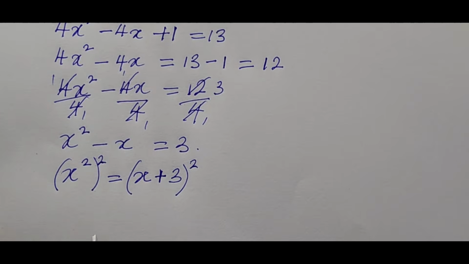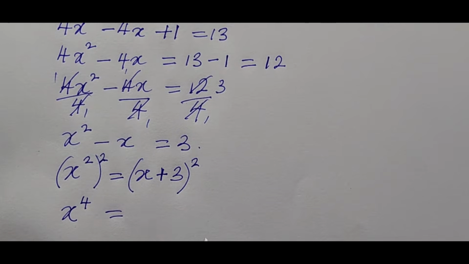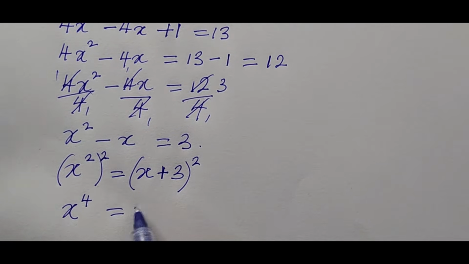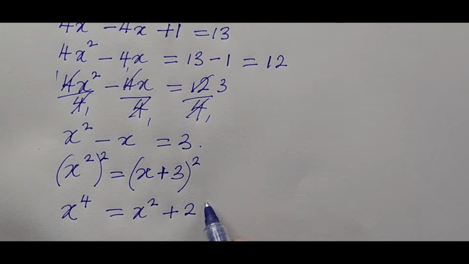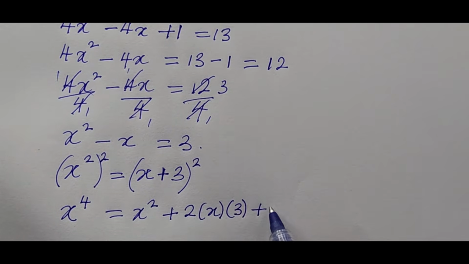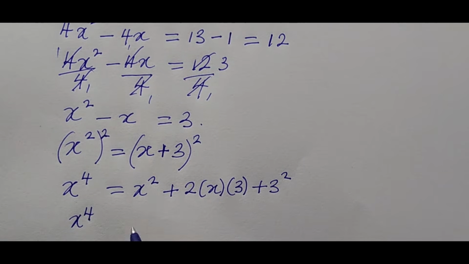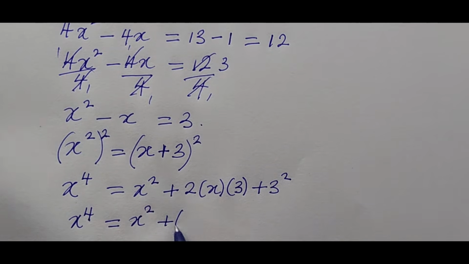So x to the power of 4 is equal to, we apply the algebraic identity again, x to the power of 2, then plus 2 into x into 3, then plus 3 to the power of 2. So if we open up, we're going to have x to the power of 4 equal to x to the power of 2, then plus 6x plus 9.